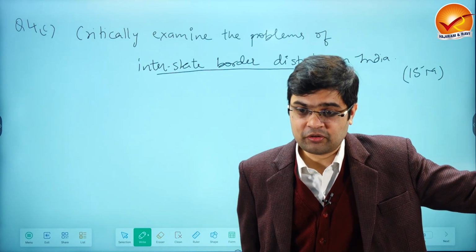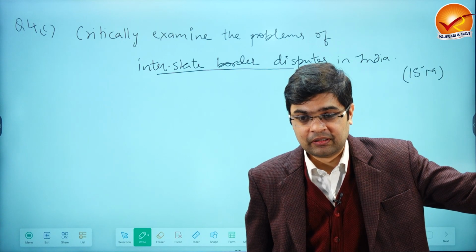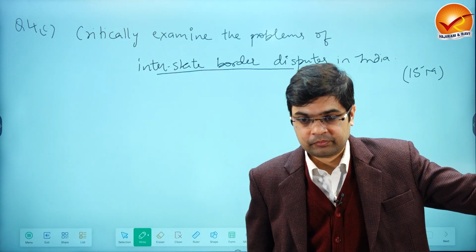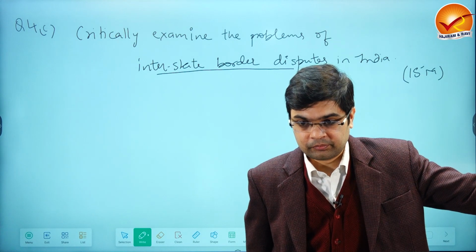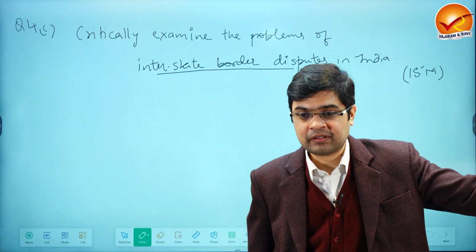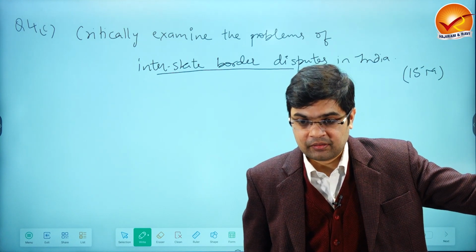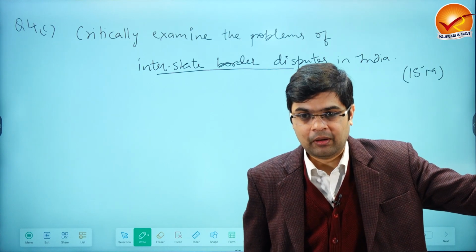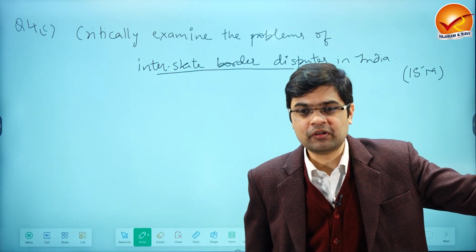States reorganized on linguistic lines, very good. Various disputes. Impact of dispute in security due to cultural difference. Colonial rule made it complex. Federal structure. I would consider that this is the best introduction that you can have.